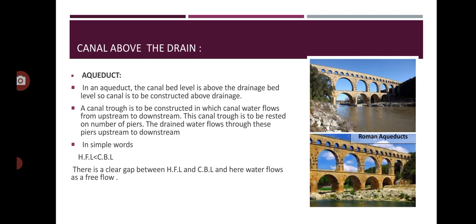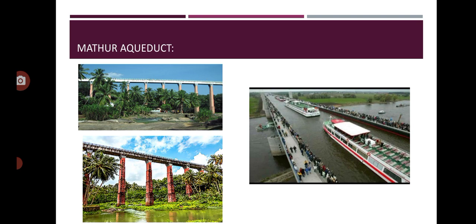In these cases we can clearly see the high flood level is less than the critical bed level. It is one of the aqueducts located in the Mathur area. Here the canal system is constructed above the drainage area with very long piers.